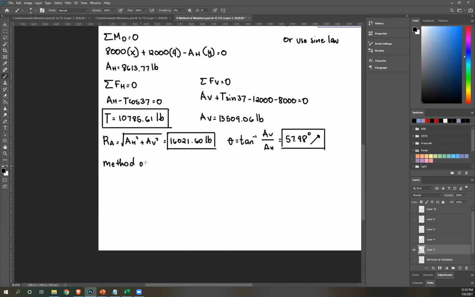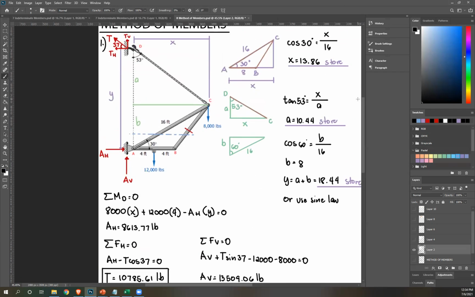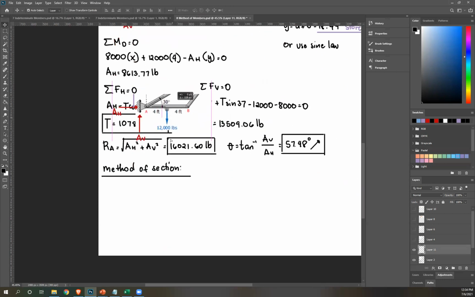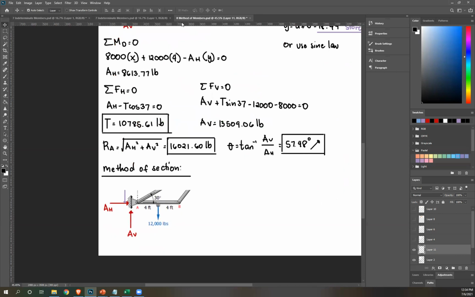So method of section, right? I'm gonna just copy this. Okay.